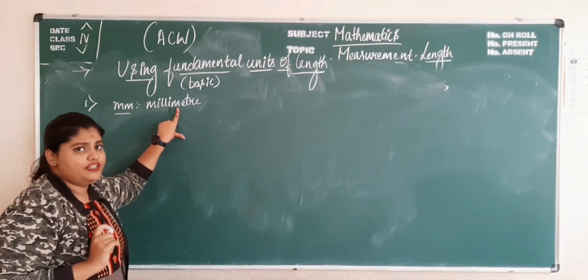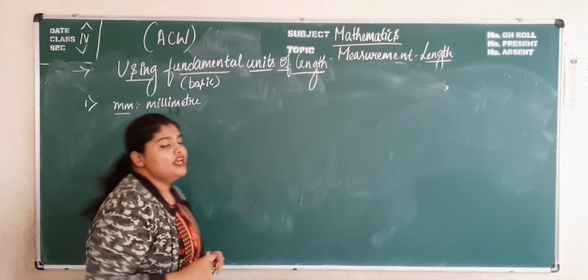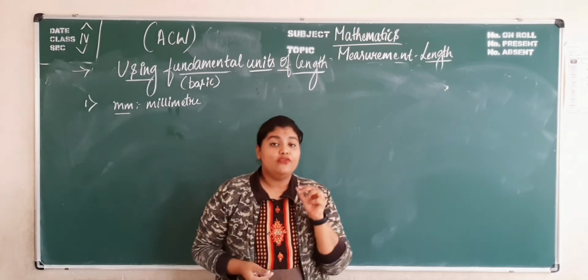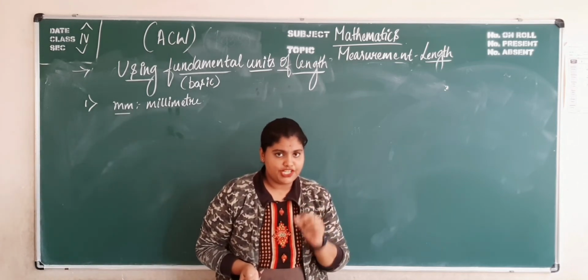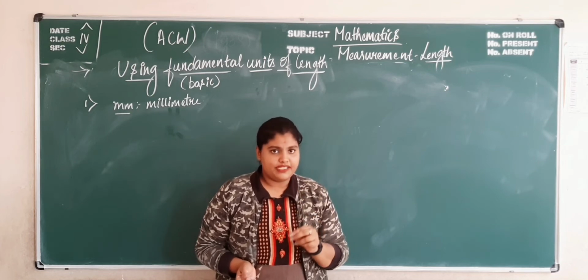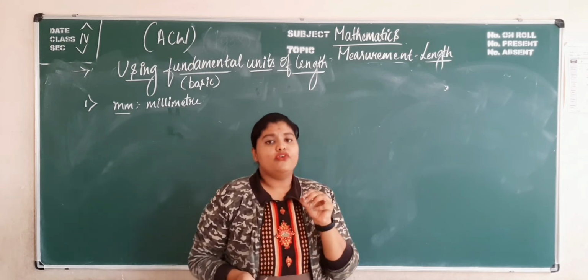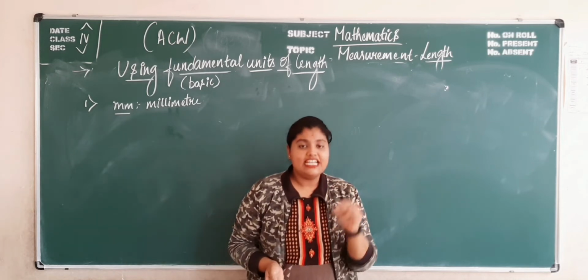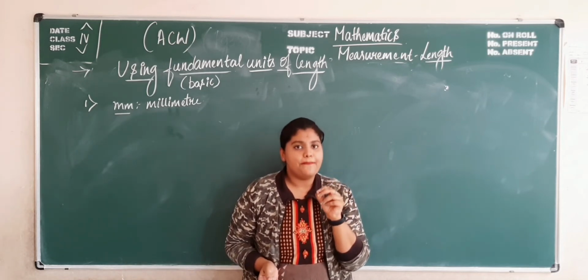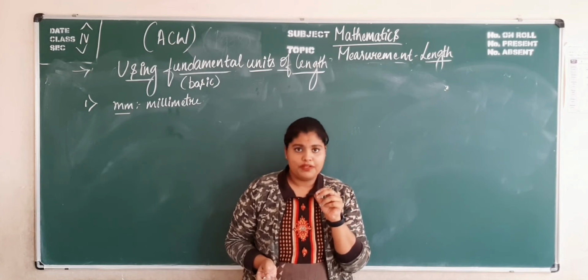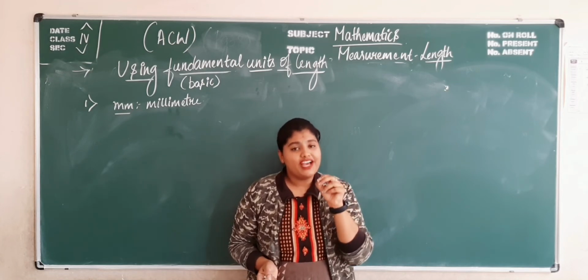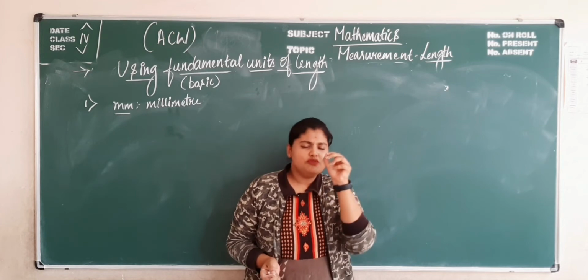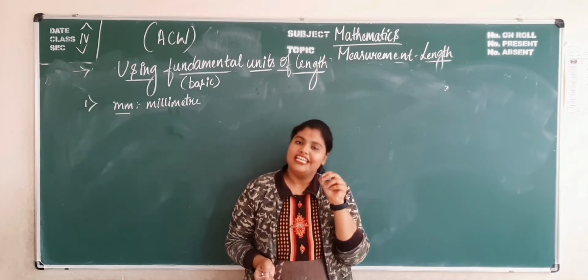Where this millimeter will be used? For example, if you are purchasing lead for your pen pencil, the thickness of your pencil lead is measured by mm. 0.7 mm lead, you will ask no, 0.5 mm lead. So small unit of length.